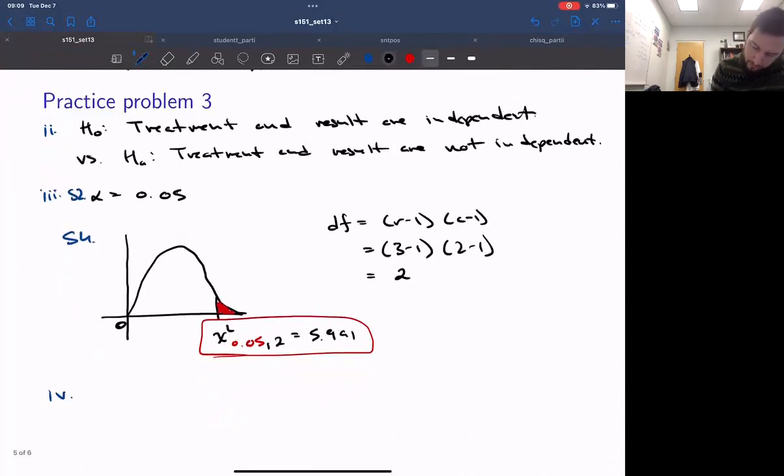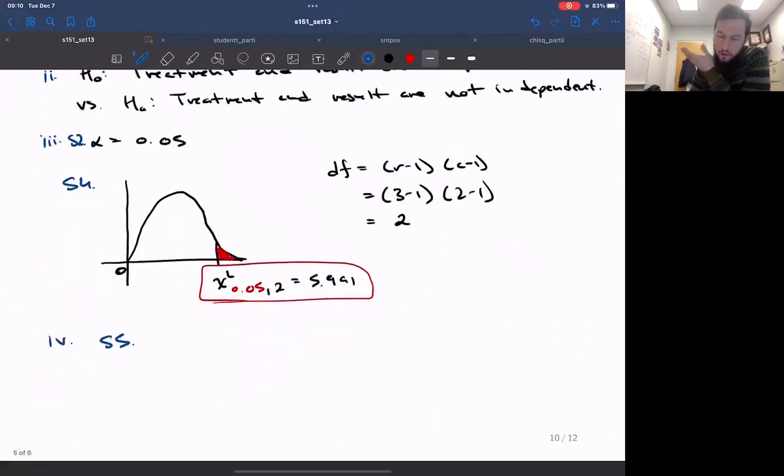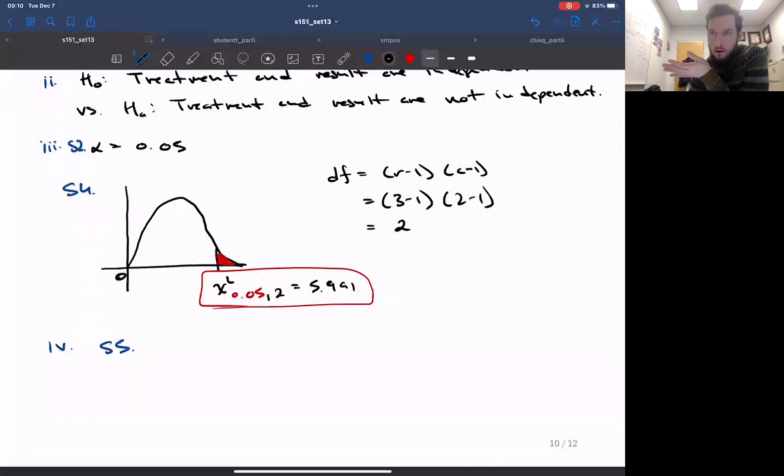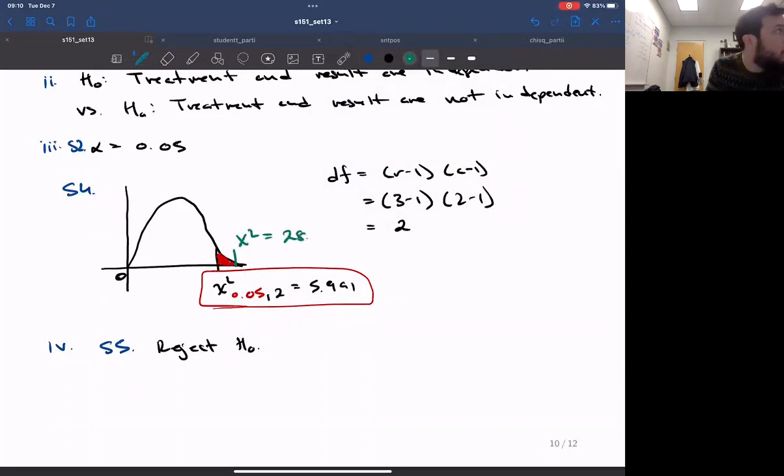If we were to complete the hypothesis test, our test statistic was 28.128. So are we going to reject or not reject the null in this case? We're going to reject H0. We could see that this is true because our test statistic is way into that rejection region.